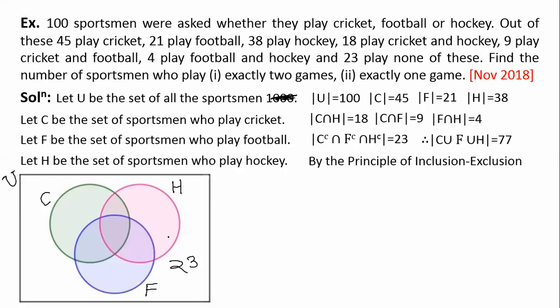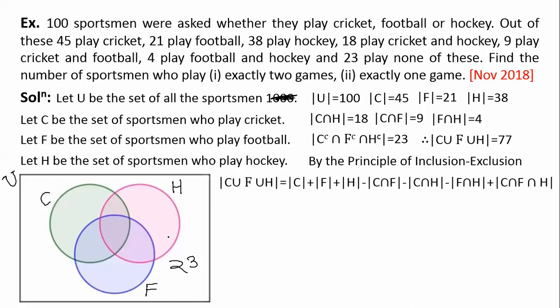And by the principle of inclusion exclusion, we can write cardinality of C union F union H equal to cardinality of C plus cardinality of F plus cardinality of H minus cardinality of C intersection F minus cardinality of C intersection H minus cardinality of F intersection H plus cardinality of C intersection F intersection H. Okay.